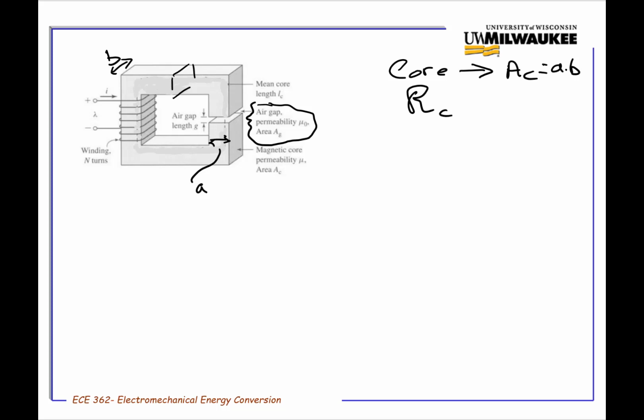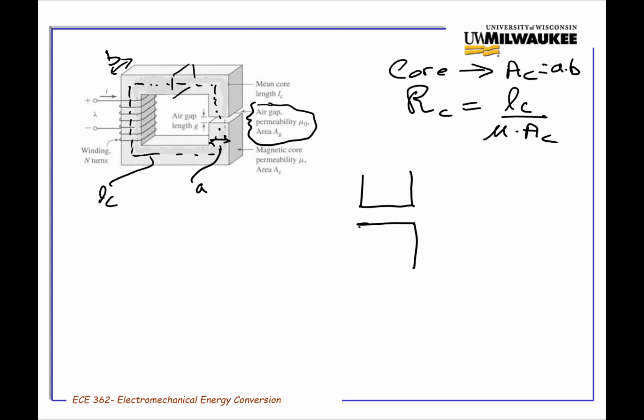So the reluctance of the core is equal to the length of the core, which is the mean length in the middle of this structure right here, divided by mu and the area of the core. What I've done is I've cut out a little section of the core, and we're going to zoom in on this little section here.